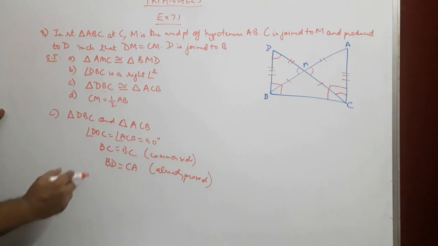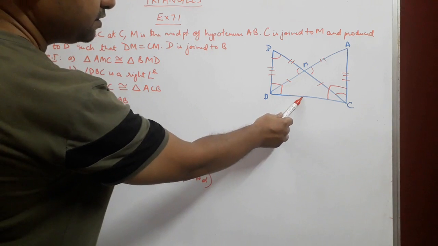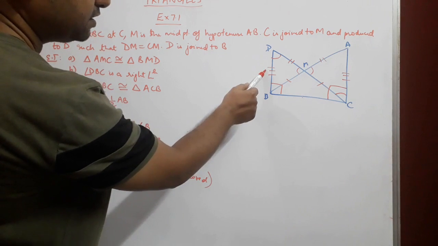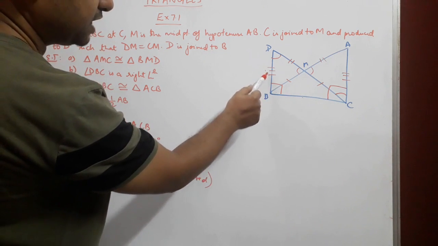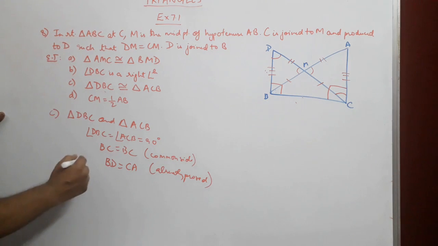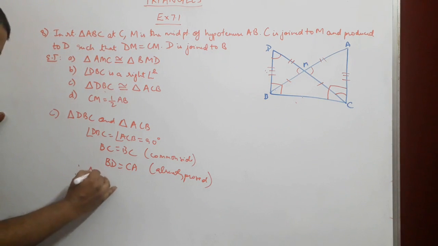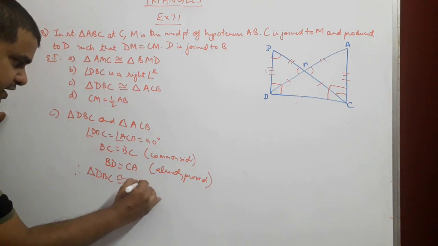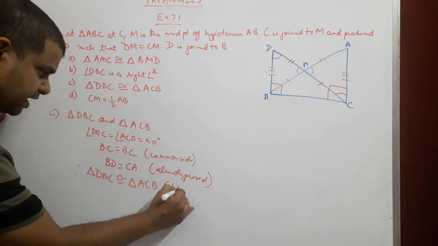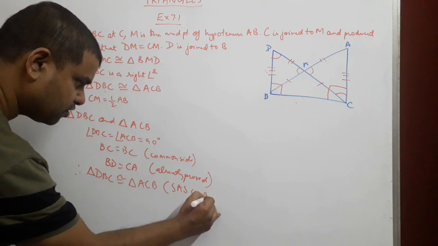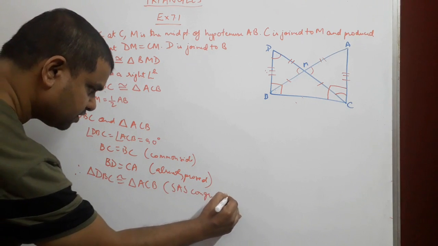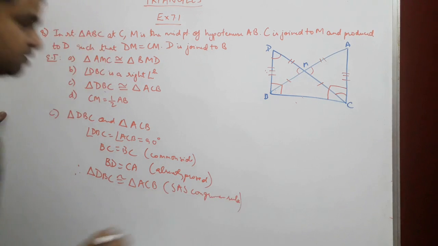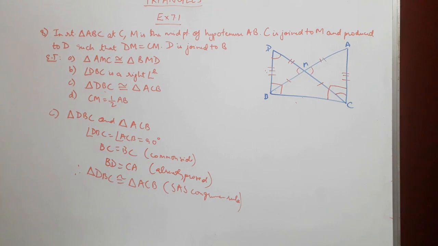So now what do we have? We have this side, we have this side, and we have this. That means side, angle, side. So therefore we can say triangle DBC is congruent to triangle ACB by the SAS congruence rule. Okay, this way we have proved our third part as well.